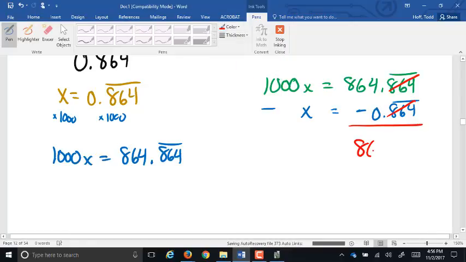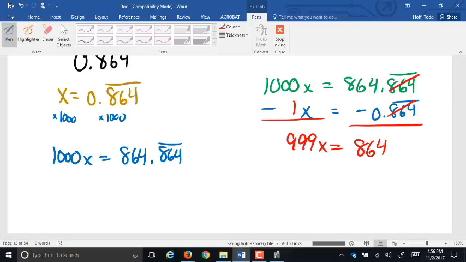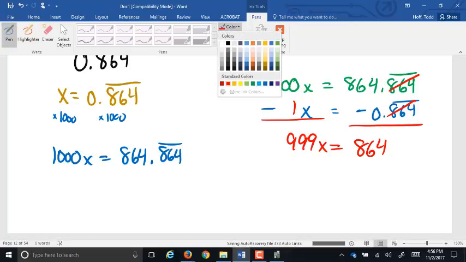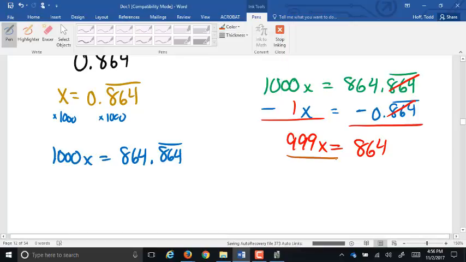We have 864. Over here, 1,000 minus 1 is 999x. We divide to get x by itself. X equals 864 over 999.